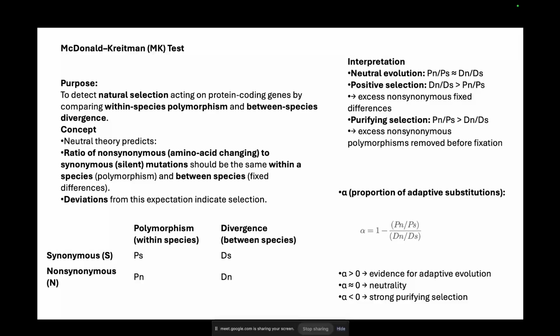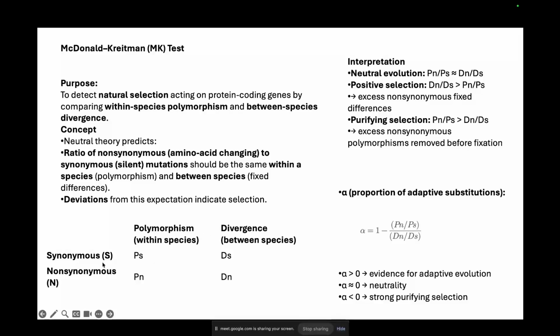So the divergence within and between species with respect to non-synonymous and synonymous mutations needs to be constant unless there is some selection at play. Deviation from this would imply that there is some selection going on. So this is how it is defined.